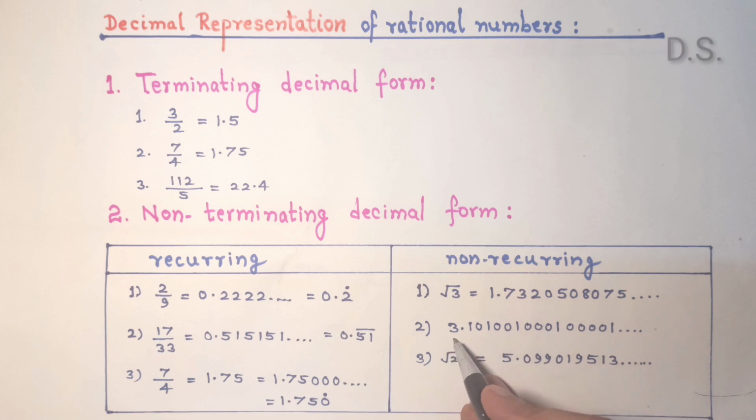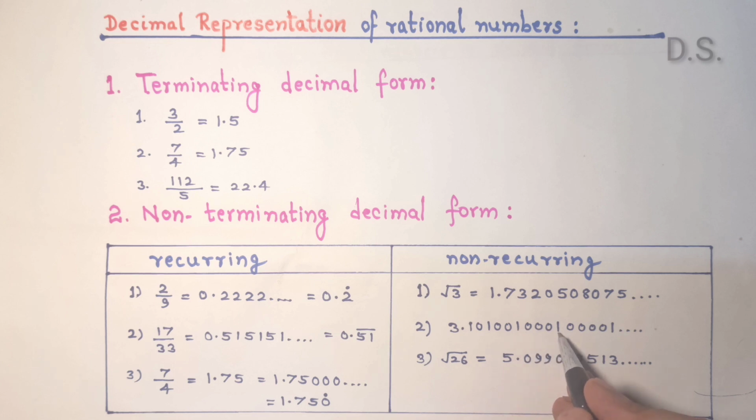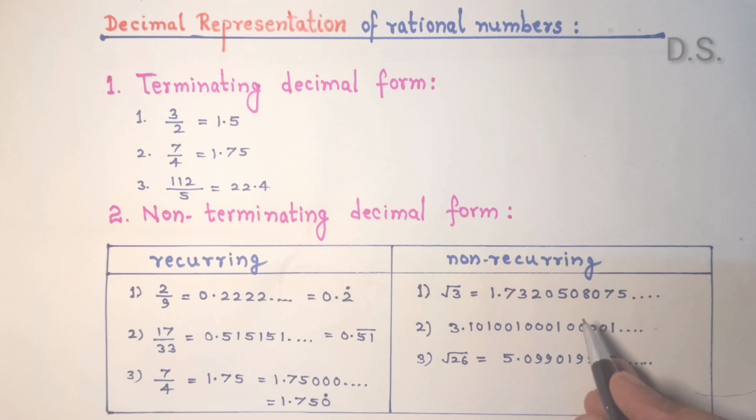Same way, second example, 3.101000100001 and so on. Third example, root 26, which is equal to 5.0990195113 and so on. These are all non-recurring decimal forms.